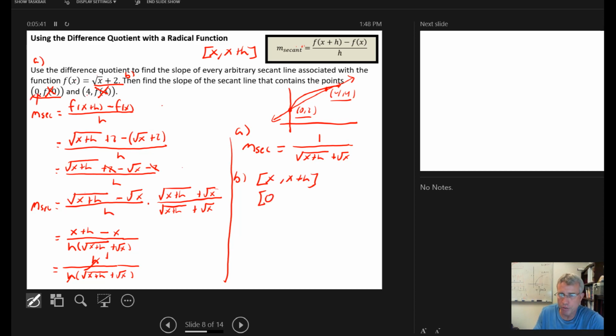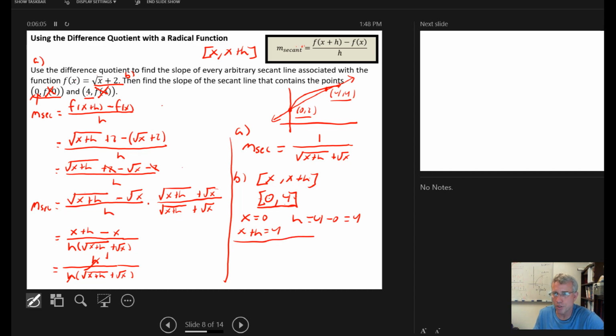So we're working over the closed interval from 0 to 4. So this tells us that x is equal to 0. x plus h is equal to 4. And h is, as it has been in all the other videos, just the distance between these two x values. So it's just 4 minus 0 equals 4.